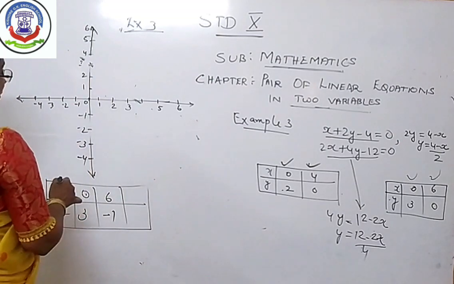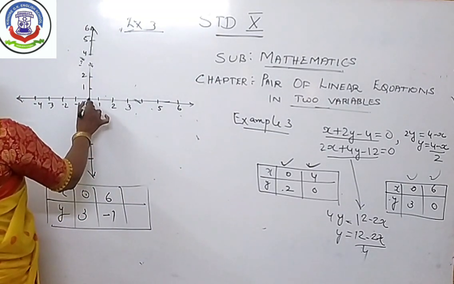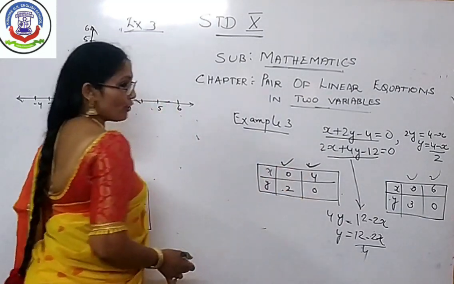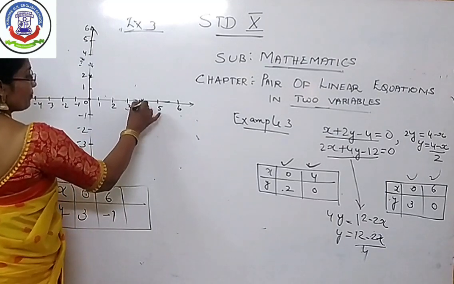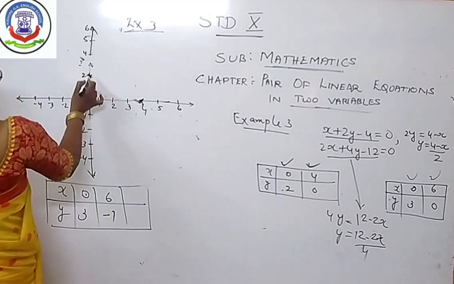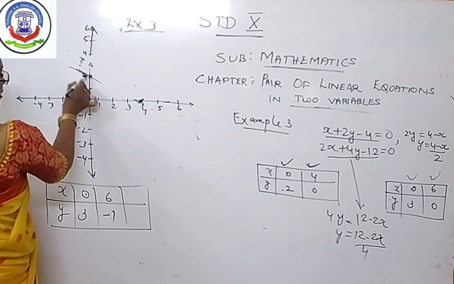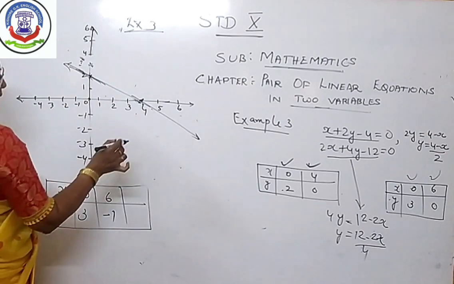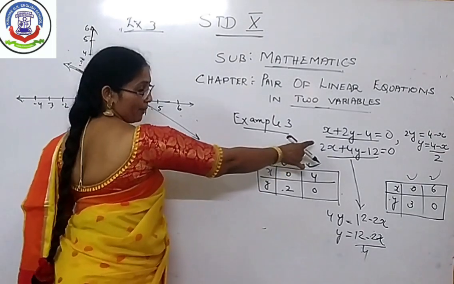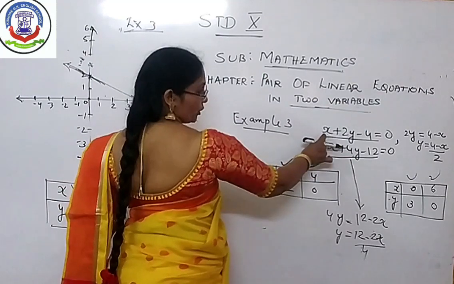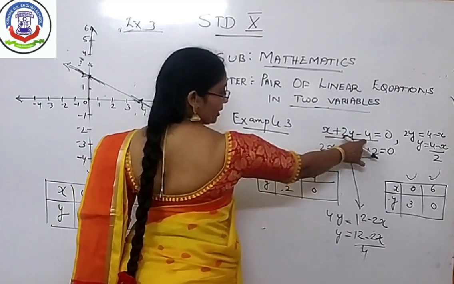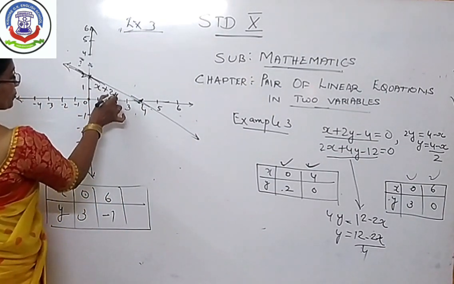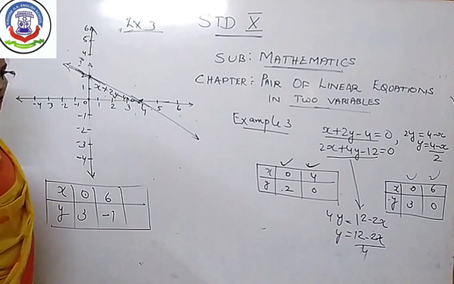It will be on the y-axis. The next one, (4, 0), you know will be on the x-axis. Now let us draw the line passing through (0, 2) and (4, 0). It will be like this. And on the top you write the equation, as I mentioned yesterday: x plus 2y minus 4 equal to 0.